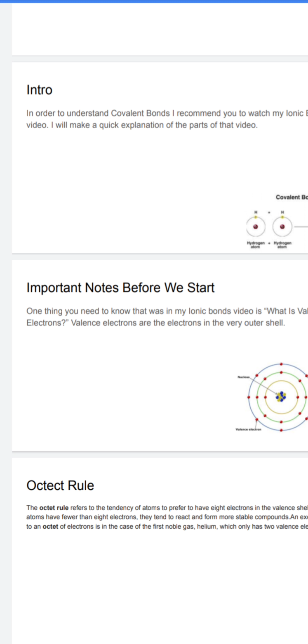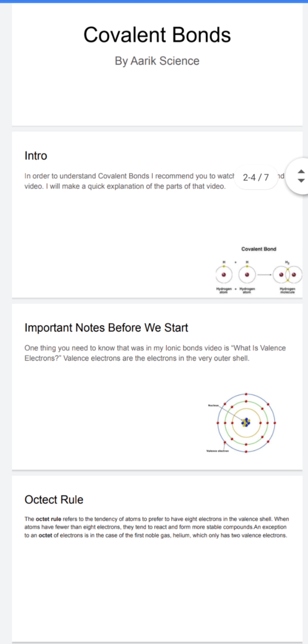Here's some more notes, which is basically what valence electrons are. Valence electrons are electrons that are on the very outer shell. Depending on the atomic number of the element, let's say the atomic number is 20 or above, the shells will hold a different amount.